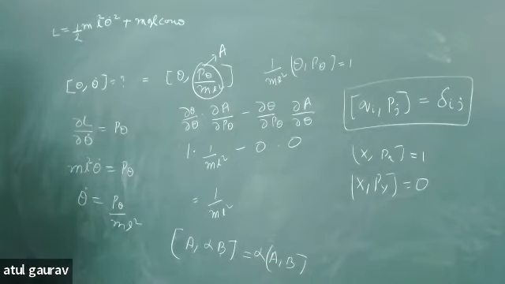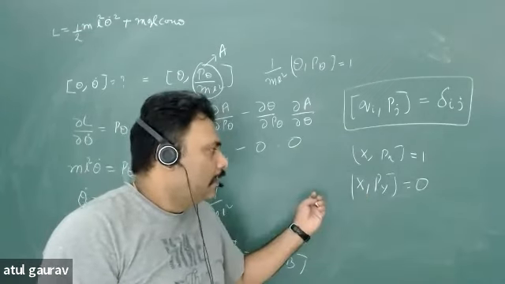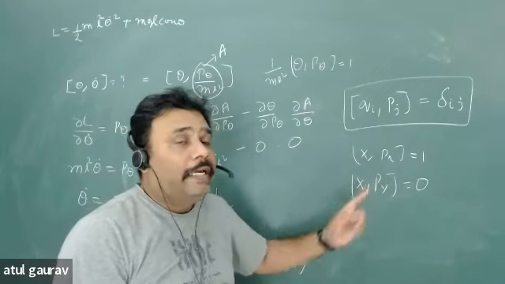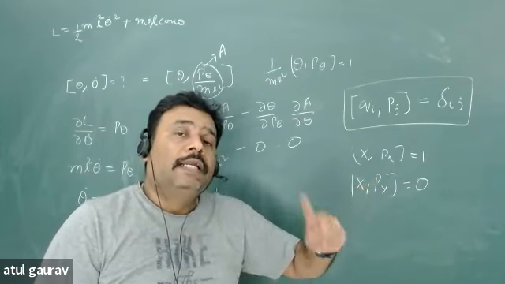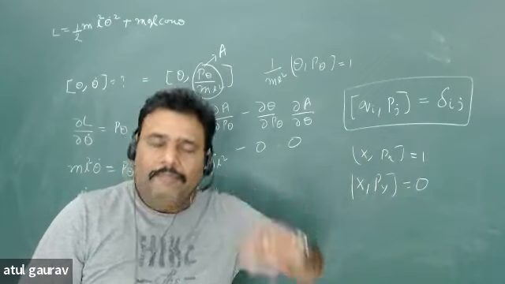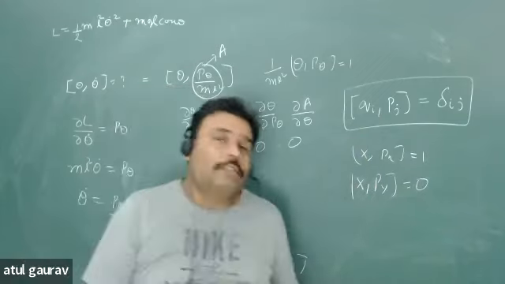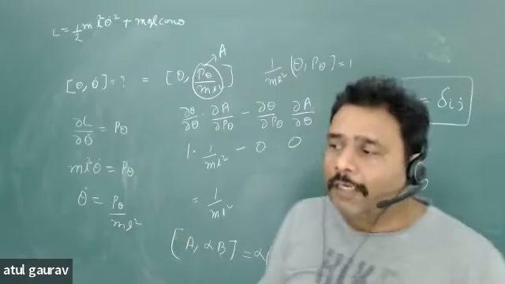If I am talking about x and p_y, then this will be 0. Why? Because x is one generalized coordinate, and p_y is the generalized momentum related to y, that is not related to x. Are you getting my point? And this thing is also a source of the uncertainty principle in quantum mechanics.